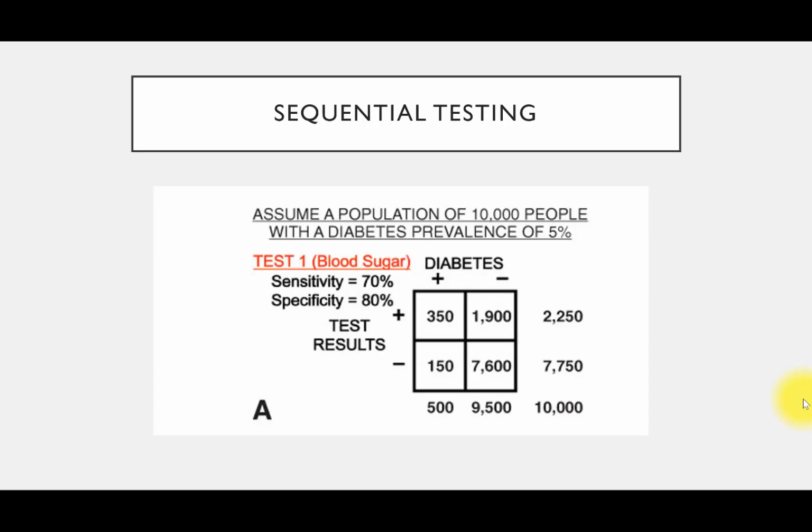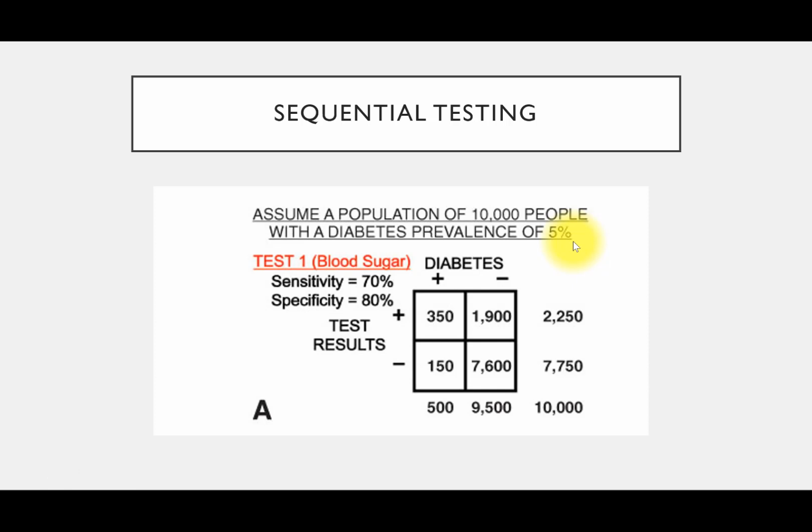Let's see an example to understand how sequential testing works and how it affects the validity and reliability of a test. In this example, we will assume a hypothetical population of 10,000 people. Let's just say that we measured and we know that the prevalence of diabetes is 5%.